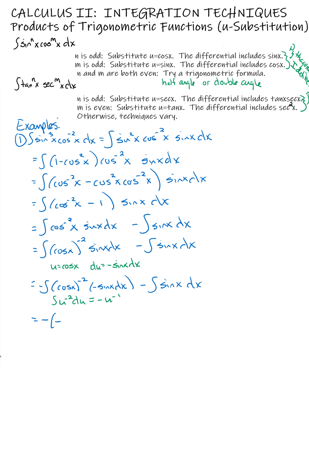So we have cosine of x to the negative 1. And that takes care of the first integral. Minus, now the last integral, the integral of sine x dx. Be careful, I'm integrating now. The integral of sine x dx is negative cosine x.